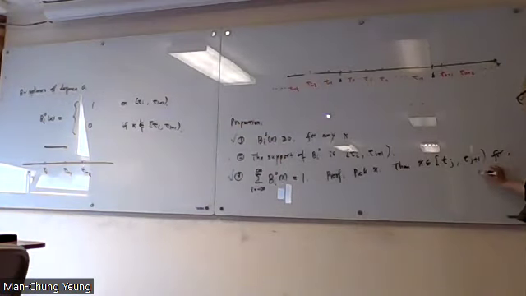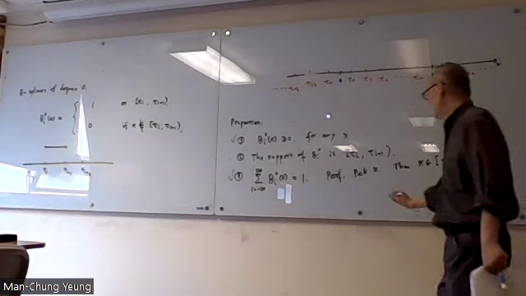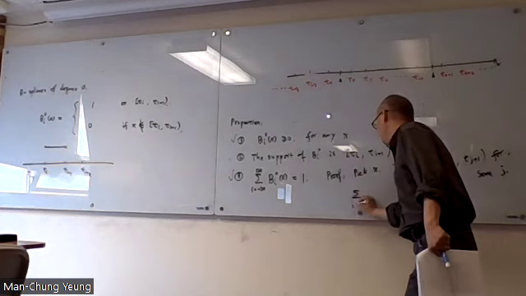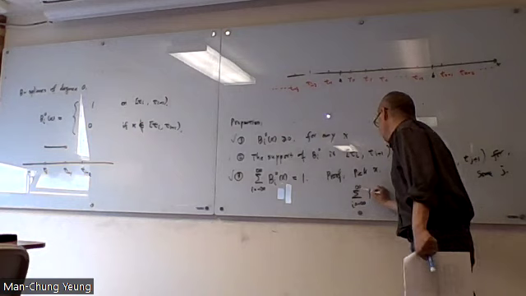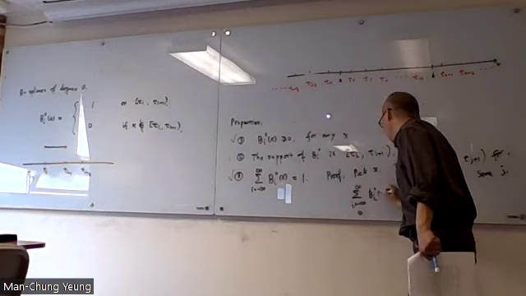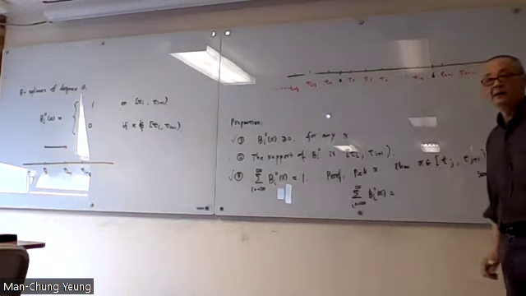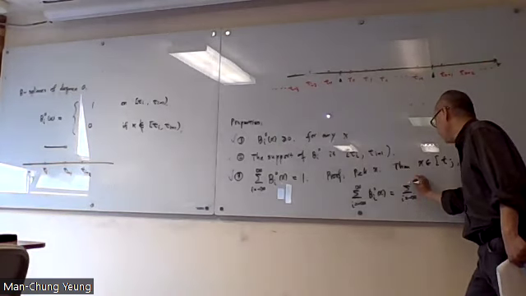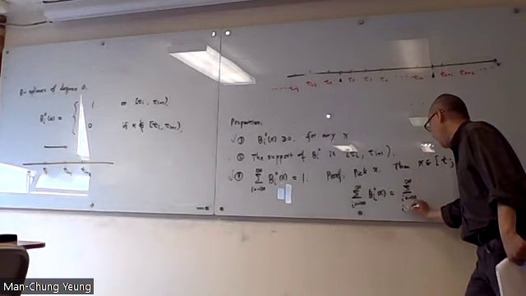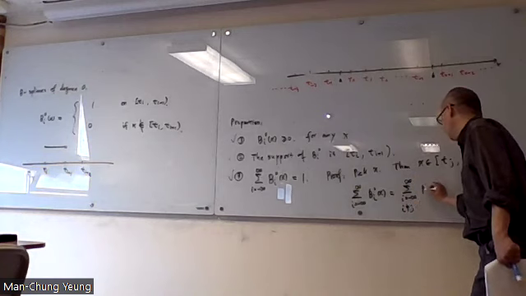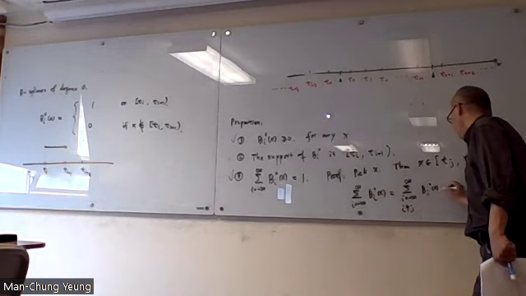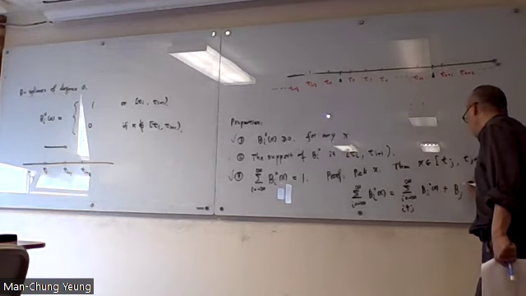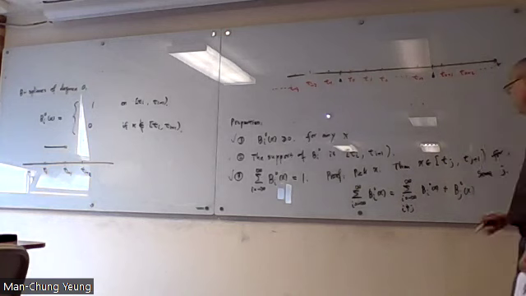I don't know what the j is, but for some j. All right, now compute this sum. This sum is equal to the summation over i from negative infinity to positive infinity, i not equal to j, plus B j 0 of x.